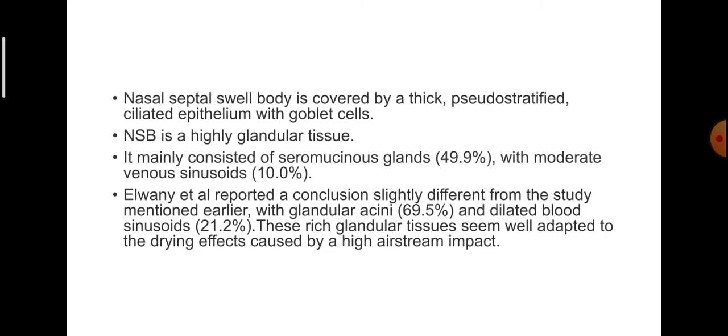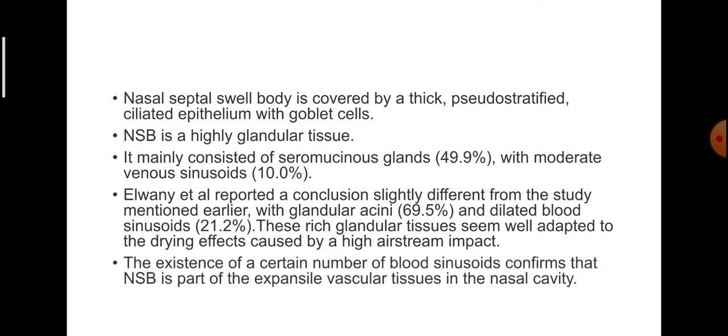These rich glandular tissues seem well adapted to the drying effects caused by a high airstream impact. The existence of a certain number of blood sinusoids confirms that the nasal septal swell body is part of the expansile vascular tissue in the nasal cavity.